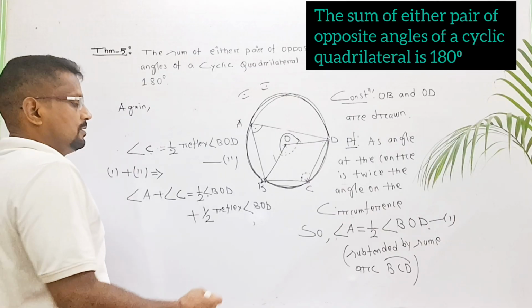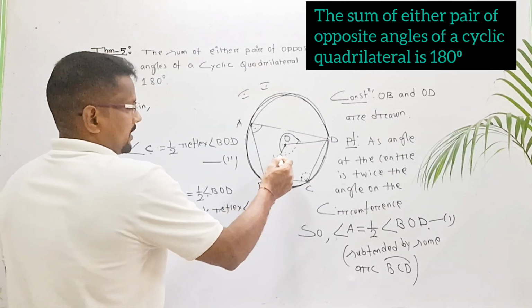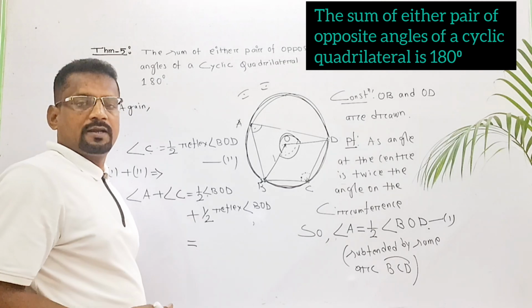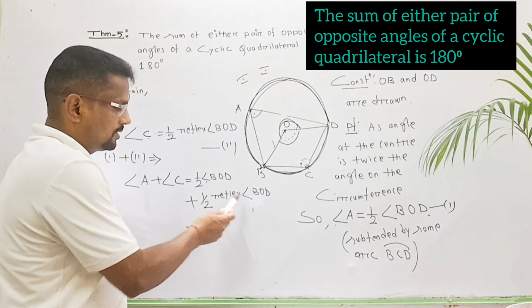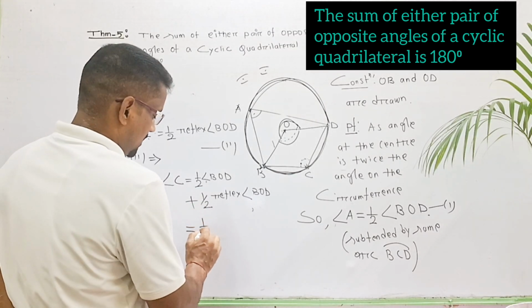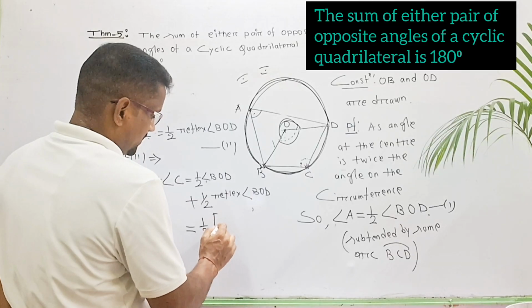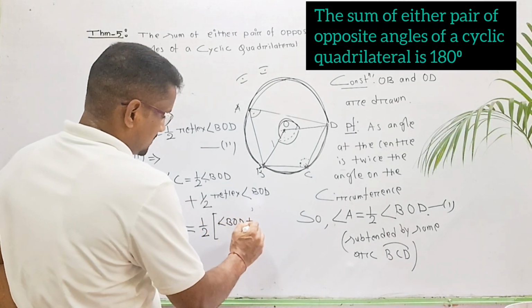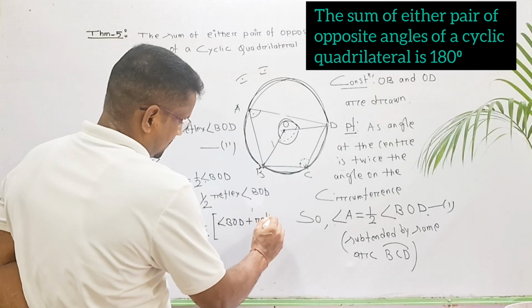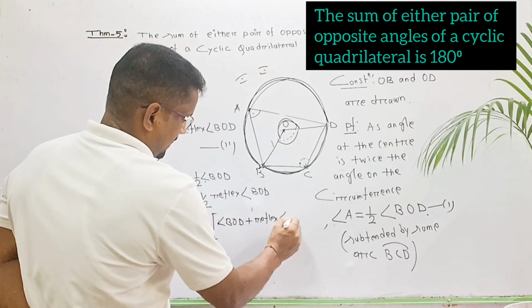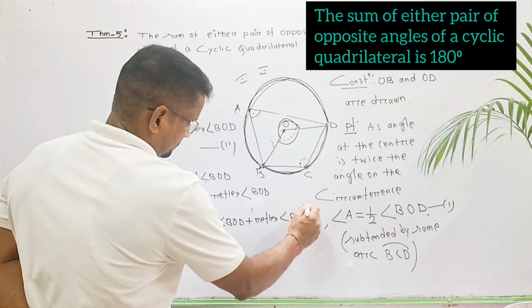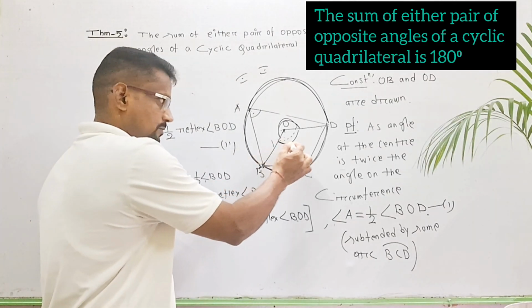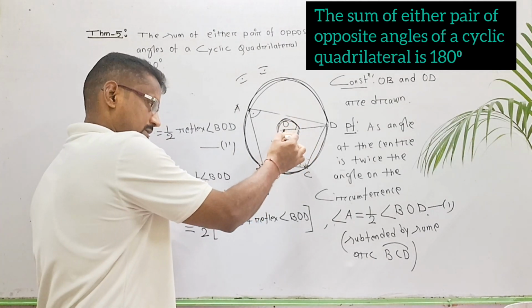Half of angle BOD plus half of reflex angle BOD, here half is common, and within brackets angle BOD plus reflex angle BOD.